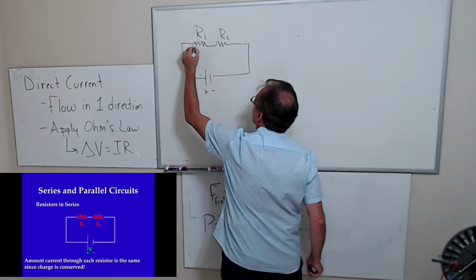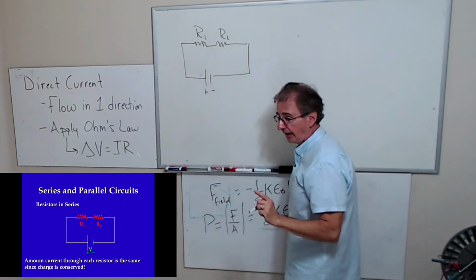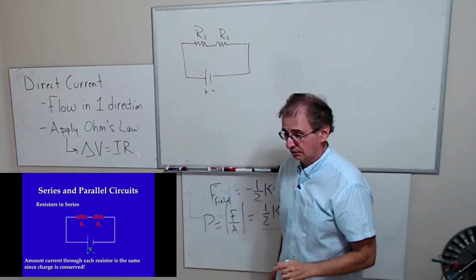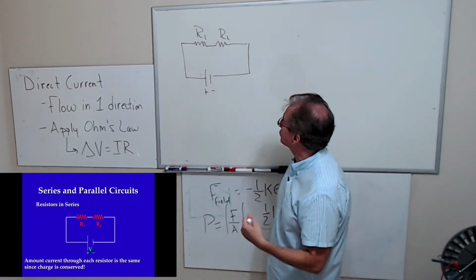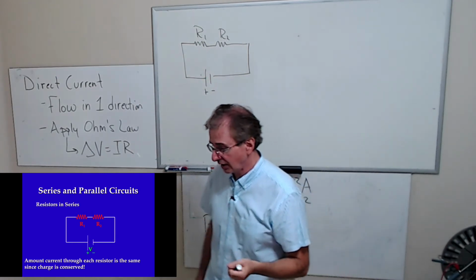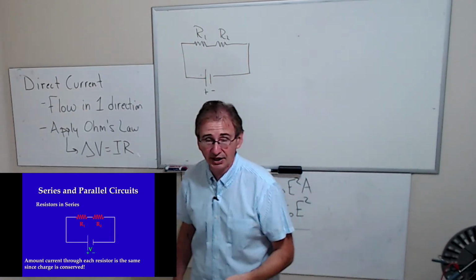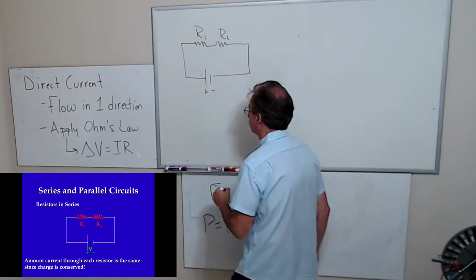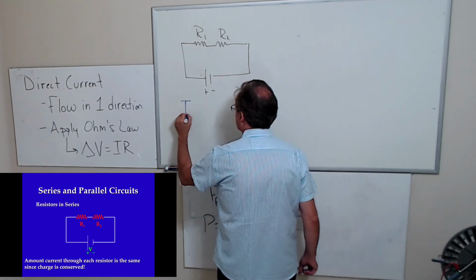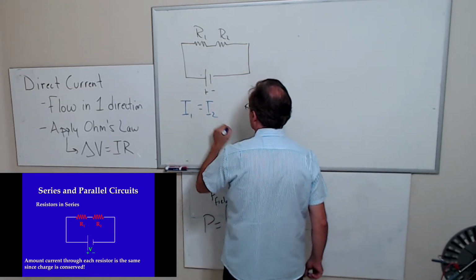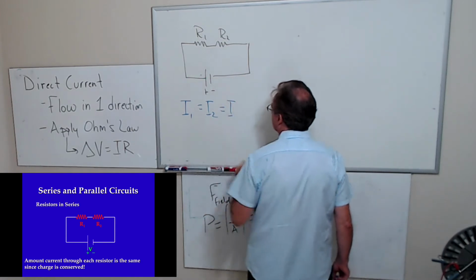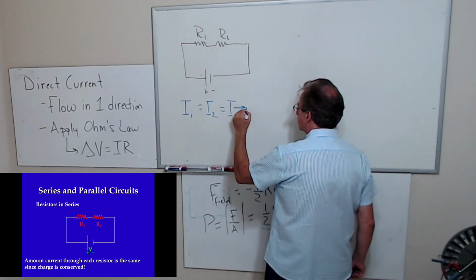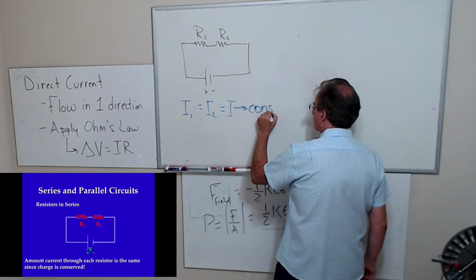So the current through R1 and the current through R2 has to be the same. The charge per unit time that goes through R1 and through R2 have to be the same. So that means I1 equals I2, and we'll call it I. And this is due to conservation of charge.